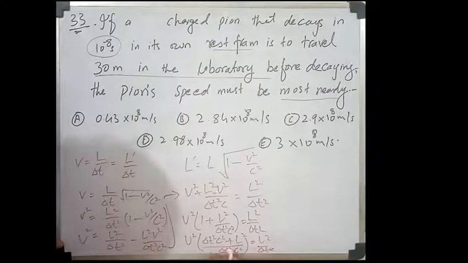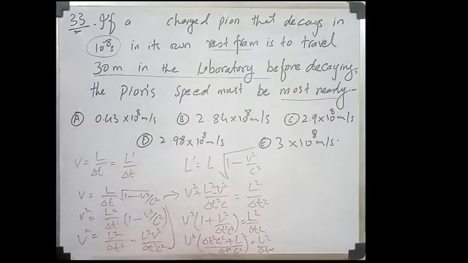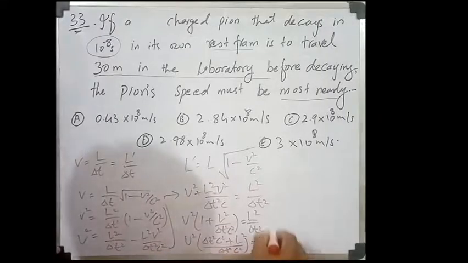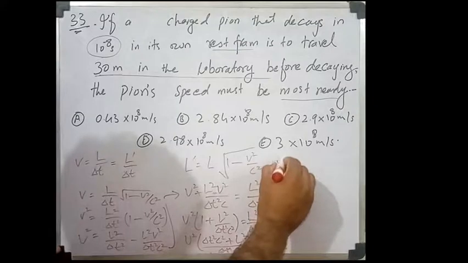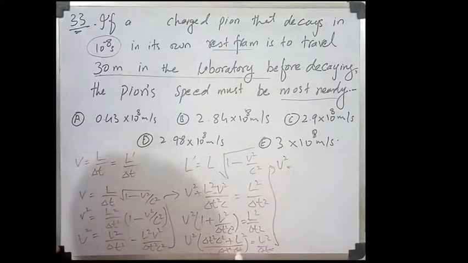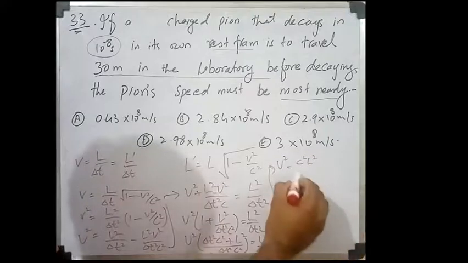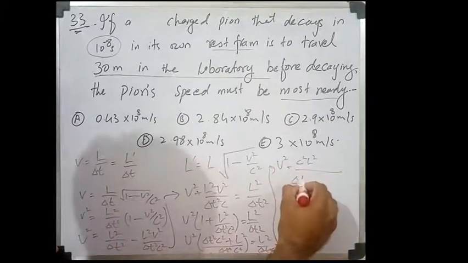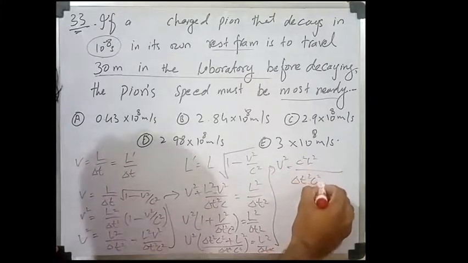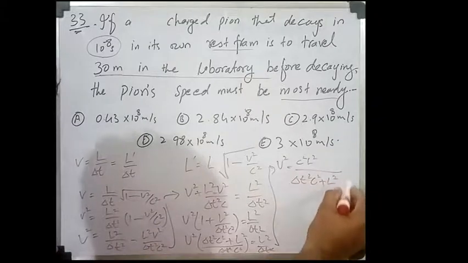The delta t square will cancel out with this delta t square, so the formula will become v square equal to c square L square divided by delta t square c square plus L square.